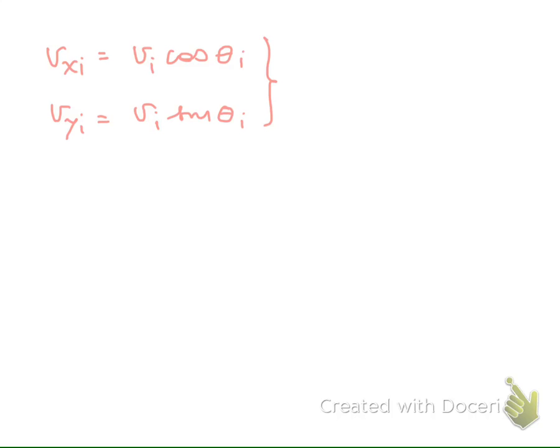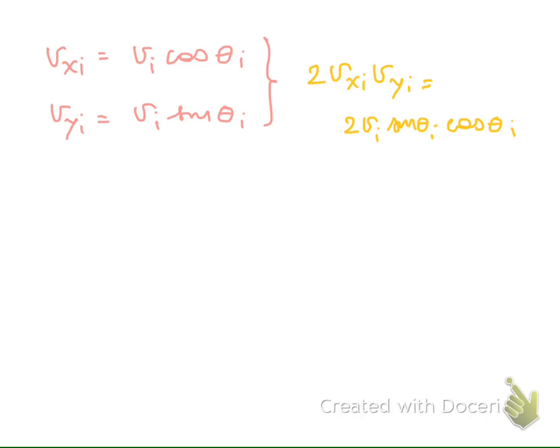Okay, using this relation, we will have that 2 Vxi times Vyi is equal to 2 Vi squared sin theta i cos theta i.